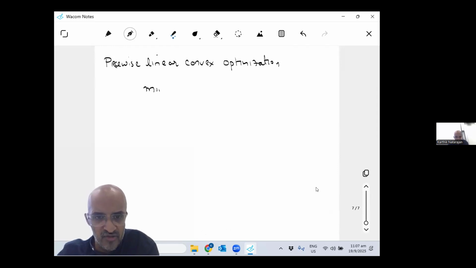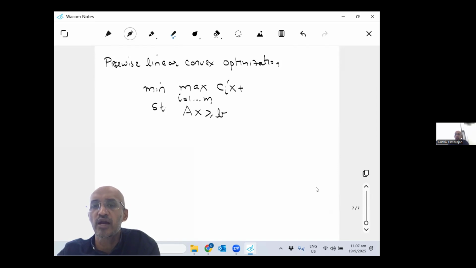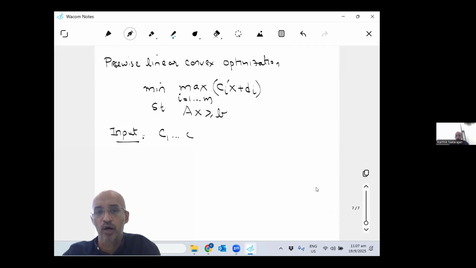I want to minimize, subject to, so there are constraints, let's say linear constraints, the max over i going from 1 up to m of ci transpose x plus di. So my input for this problem, what is my input to my piecewise linear convex program? Basically now there are these vectors c1 up to cm.